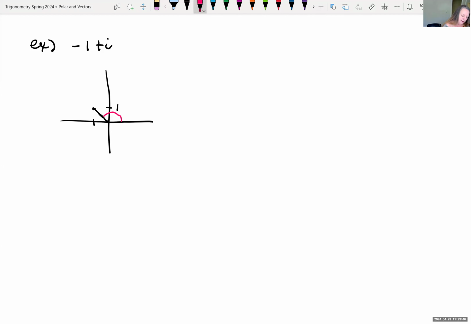So we have theta here, and we'll find theta later, but we're going to use a reference angle for now. Let's call it theta sub r. We can create our triangle, and we want to figure out what this length is in here. And again, we know r is equal to the square root of 1 squared plus 1 squared. So r is equal to root 2. So we want to figure out what theta is.